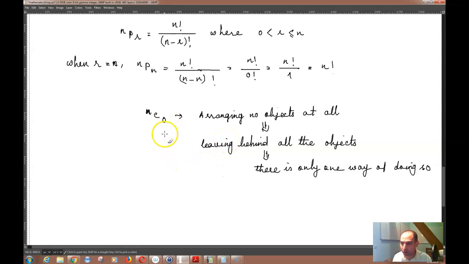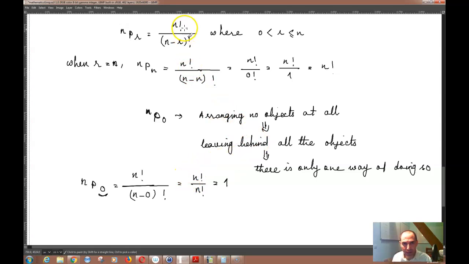Therefore, we have n, this is actually supposed to be p. So we have n permutation 0 is the same thing as n factorial over n minus 0 factorial, which is the same thing as n factorial by n factorial, which is equal to 1, right? So that's the meaning of n permutation 0. And so that means that r can be equal to 0 as well.